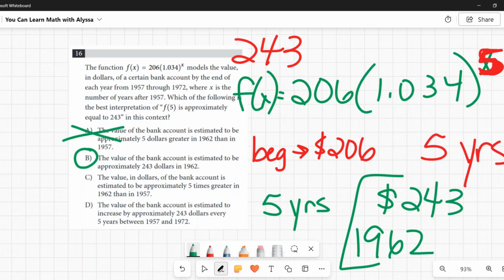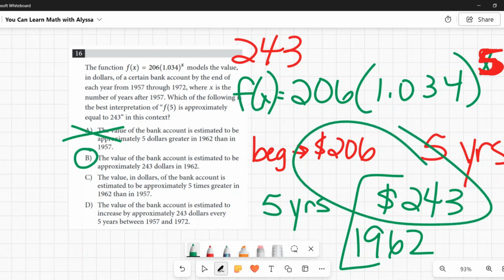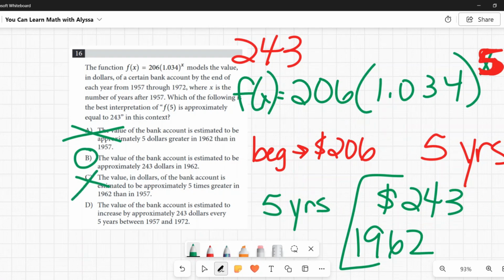C, the value in dollars of the bank account is estimated to be approximately 5 times greater in 1962 than in 1957. Wouldn't that be nice? That's a magic bank account. No, we were told that x is the number of years, not how many times greater. And we can see it's not 5 times greater. C is out.